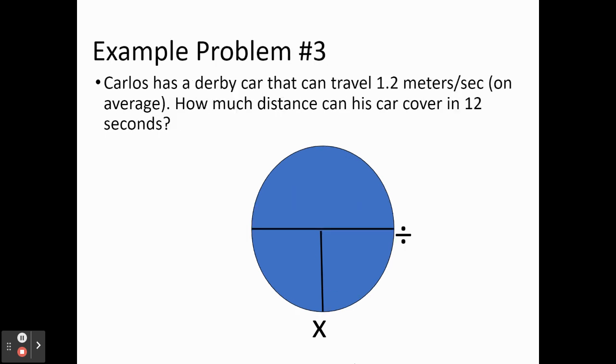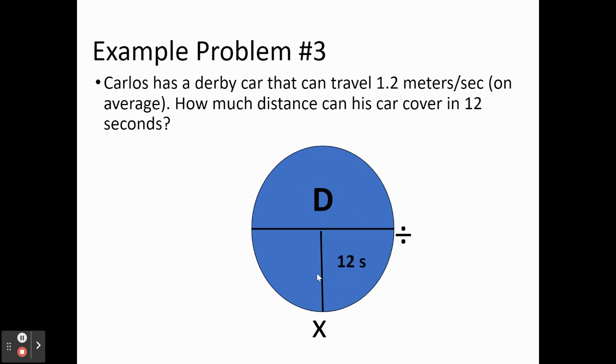All right, Carlos, another example, has a derby car that can travel 1.2 meters for every second. That's our speed. How much distance can his car cover in 12 seconds? All right, we're given a speed and we're given time. So we need to find our distance.